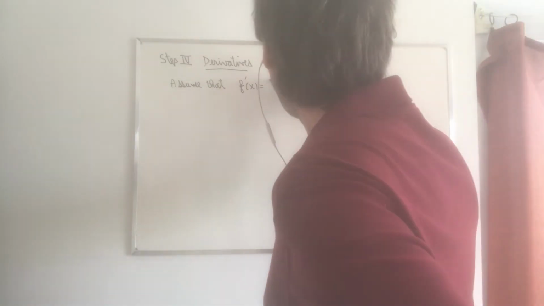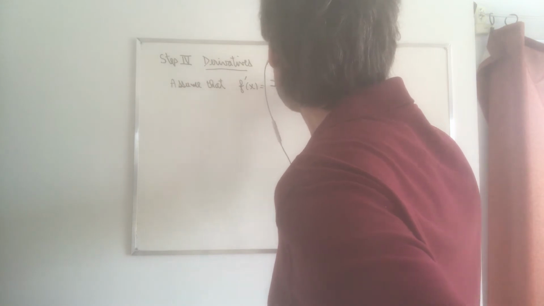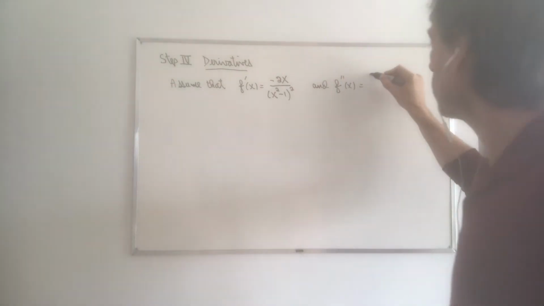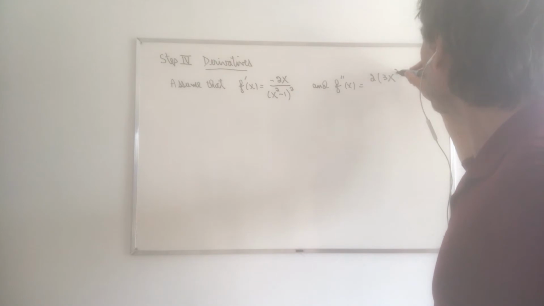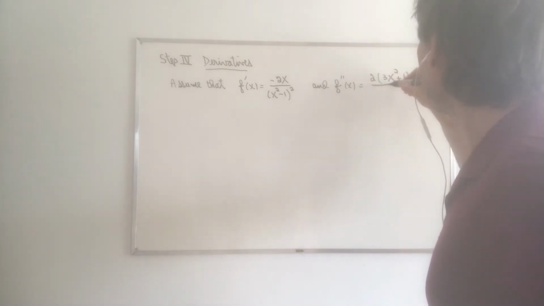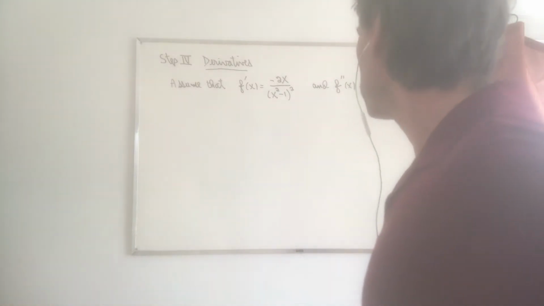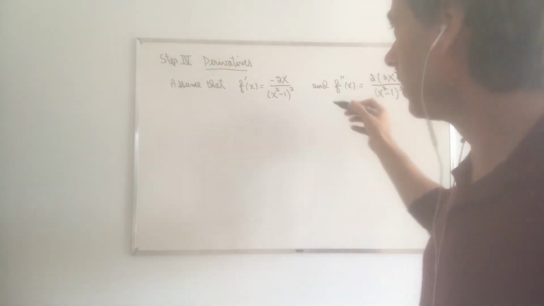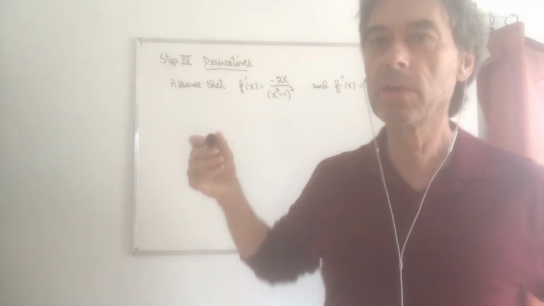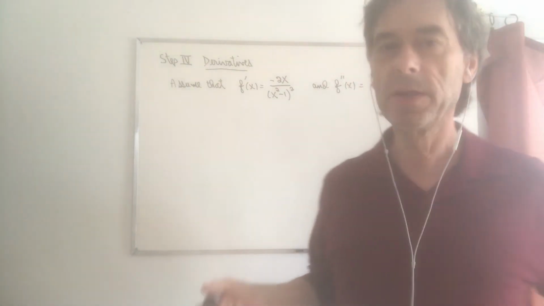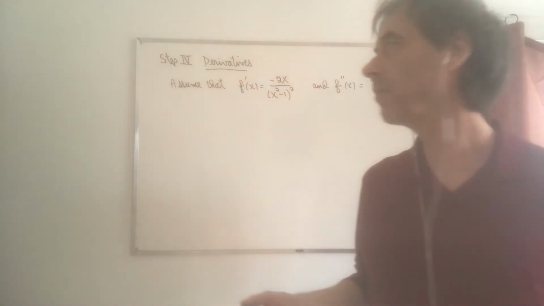So f prime is minus 2x over x squared minus 1 squared, and f double prime is 2 times 3x squared plus 1 over x squared minus 1 cubed. That's given. So again, if on any exam they give you this, you do not have to check those. They will be correct. They will be validated. I will make sure that I calculate these 3 times so that there is no mistake.